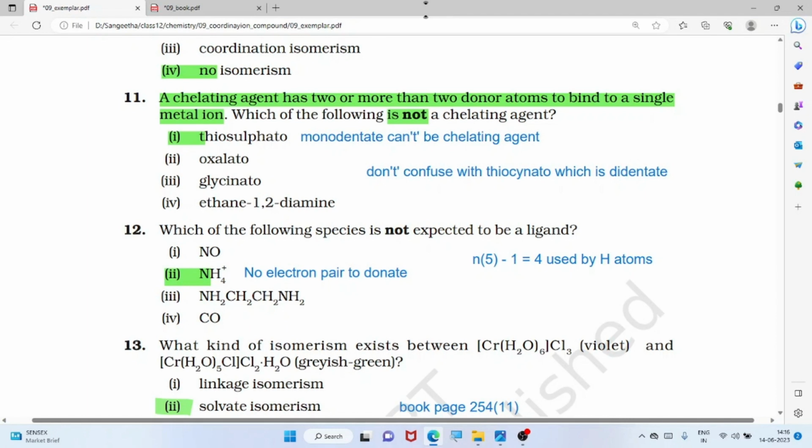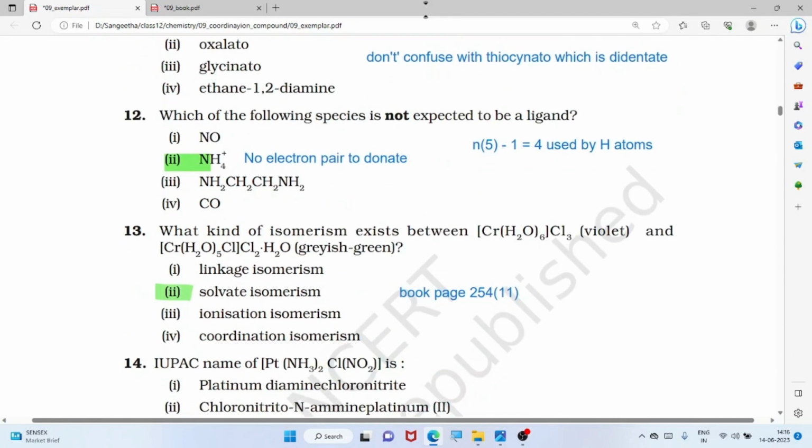Please don't confuse this with thiocyanate, that is different from thiosulfate, because this is monodentate. Thiocyanate is didentate. So this is a monodentate, it can't be a chelating reagent.